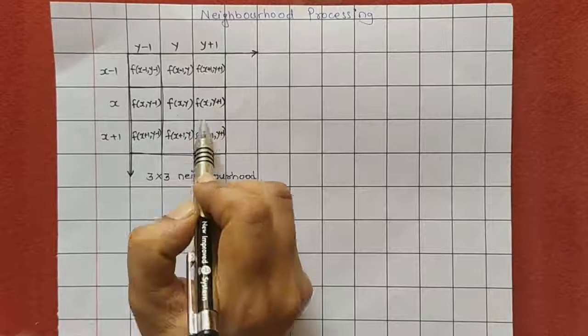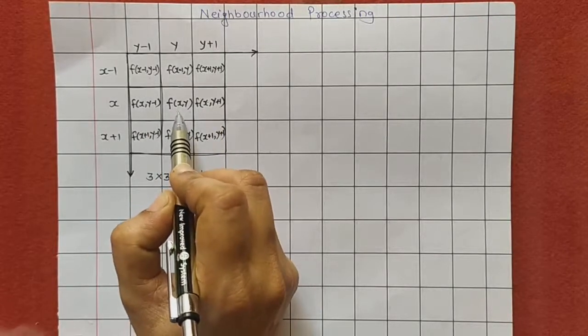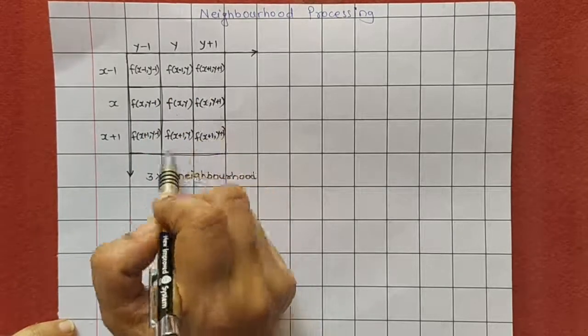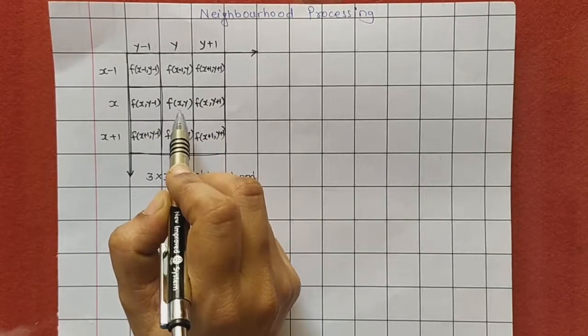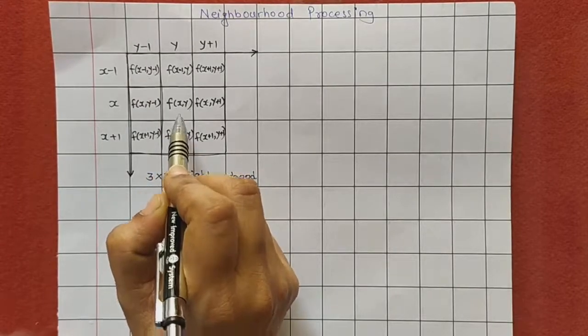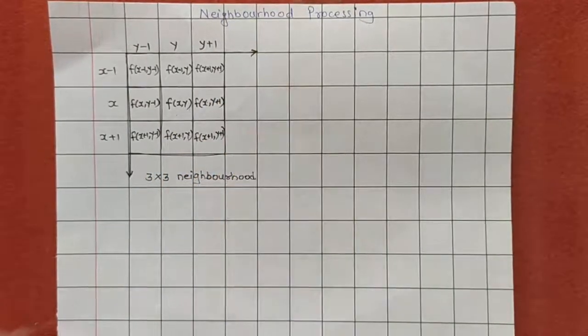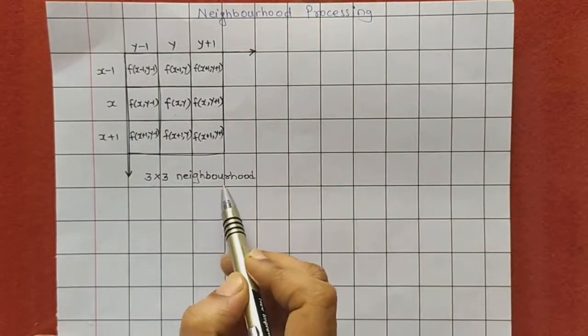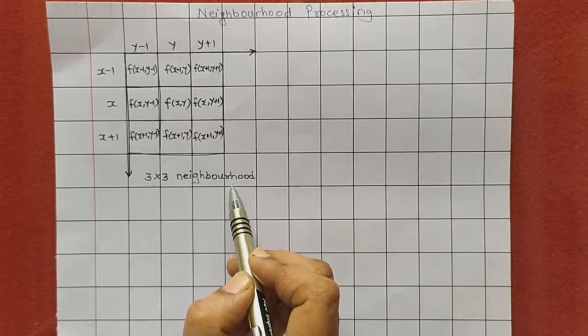Based on the values of these 8 neighbors, we are going to modify the pixel f of x y, and this is called the neighborhood processing technique.